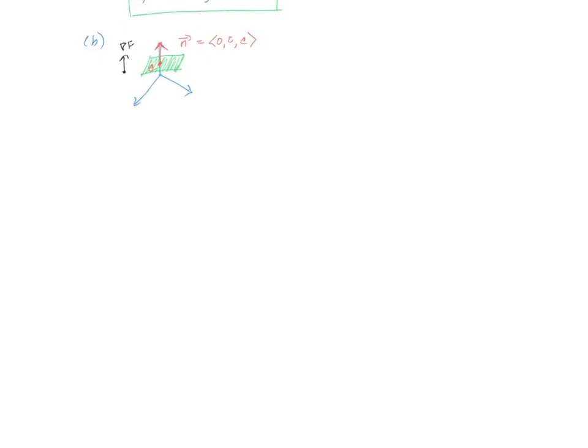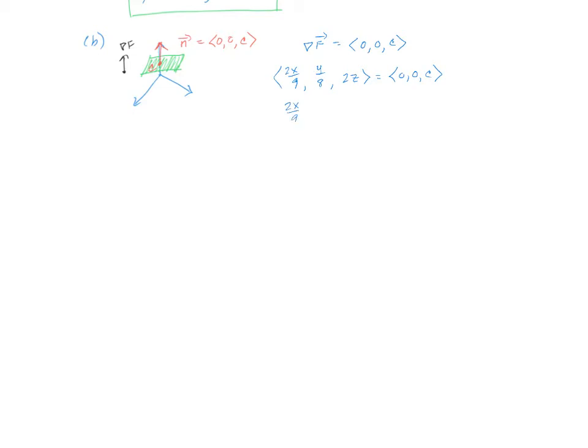So all I have to do is look at my gradient vector and set it equal to 0, 0, c and solve. So my gradient vector was 2 times x over 9, y over 8, and 2z. Set that equal to 0, 0, c.